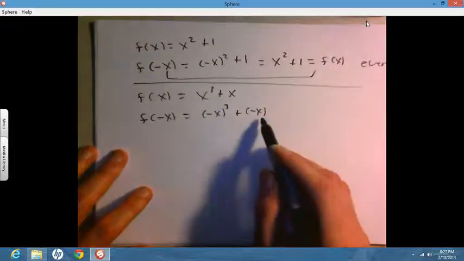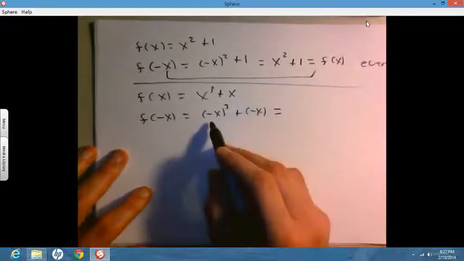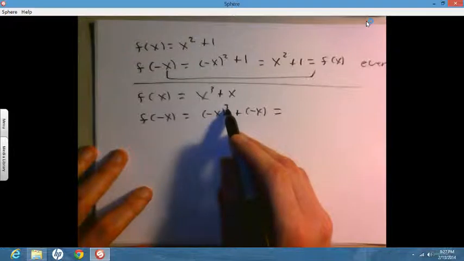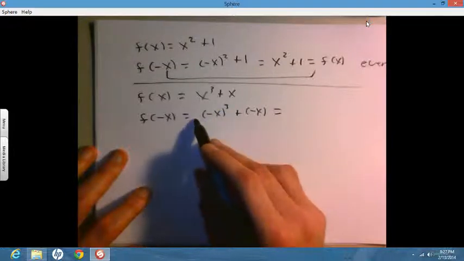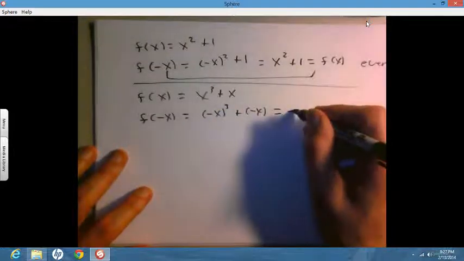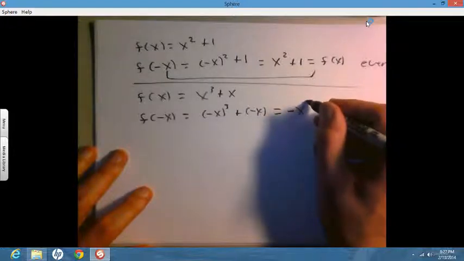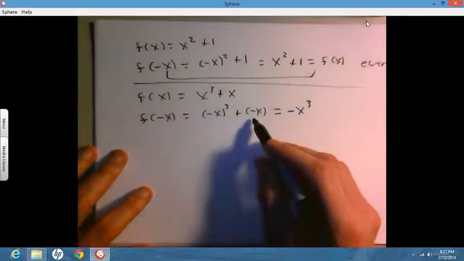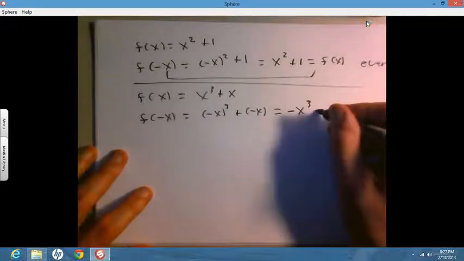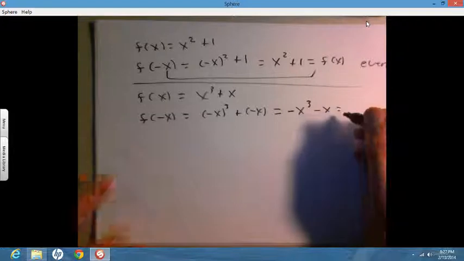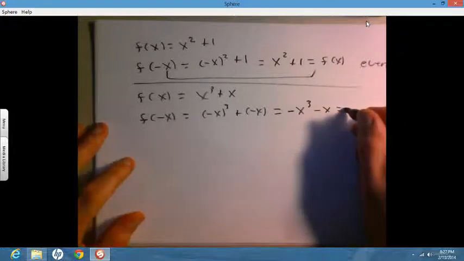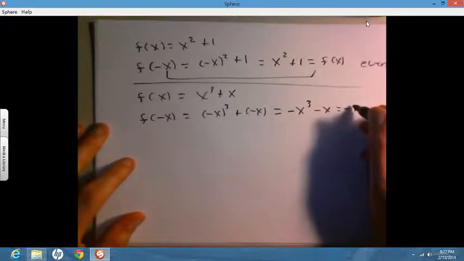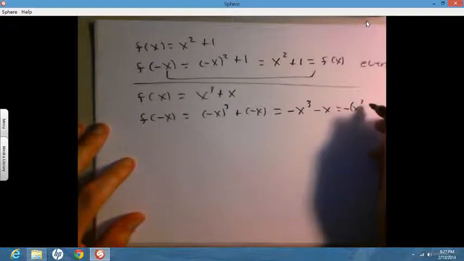Whenever we have an odd power like a 3 or a 5, we can take the negative sign right out. So this is going to be negative x cubed, and plus a minus x is the same thing as minus x. Now we can factor the negative sign out, and it's going to be minus x cubed plus x. But x cubed plus x is exactly f of x.